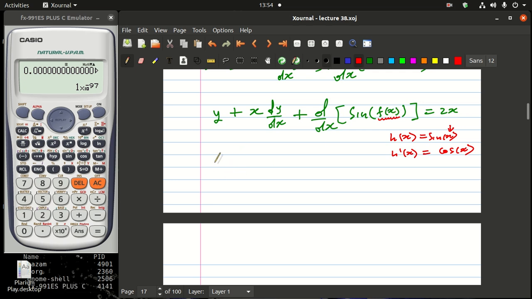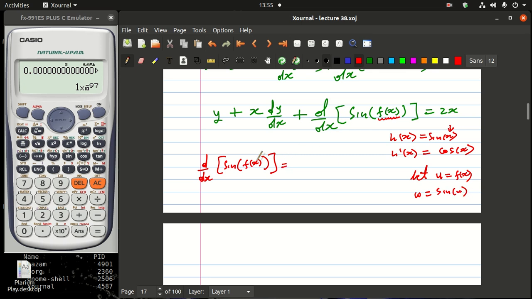So basically my d dx of sine of f of x, I'm going to say let u equal f of x. It is that function that is sitting inside, and then I'm going to replace that by u, so it's going to be a sine of u.